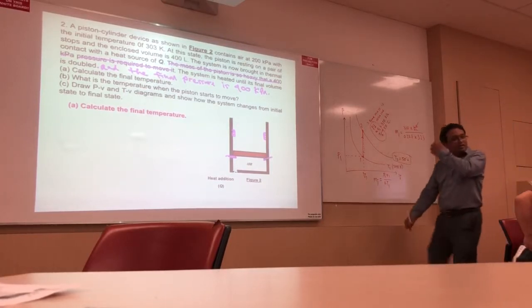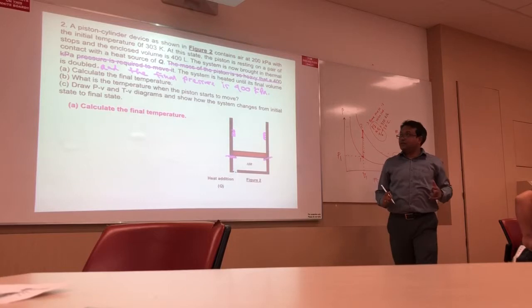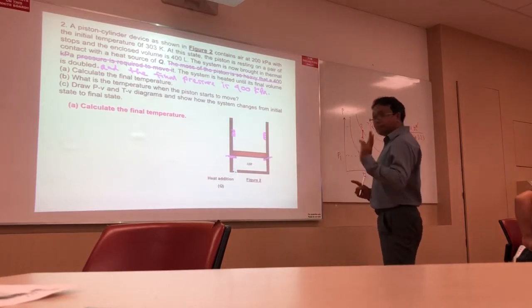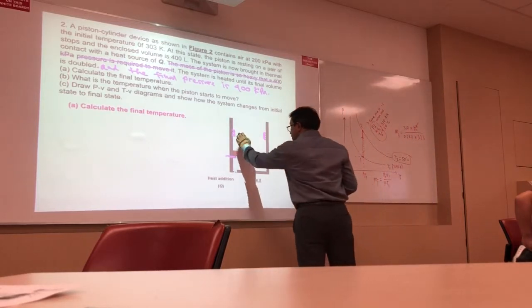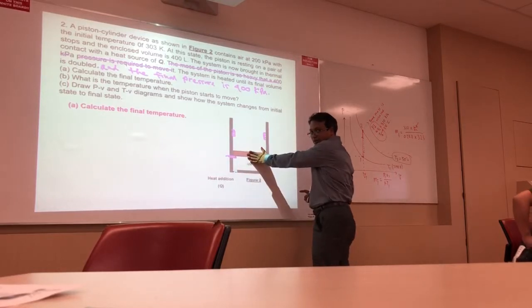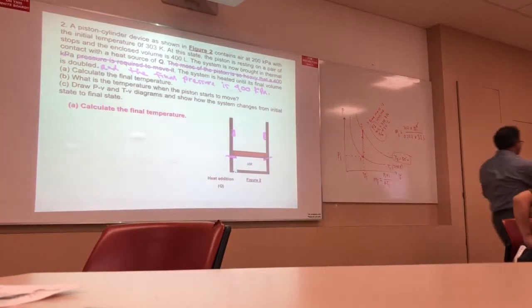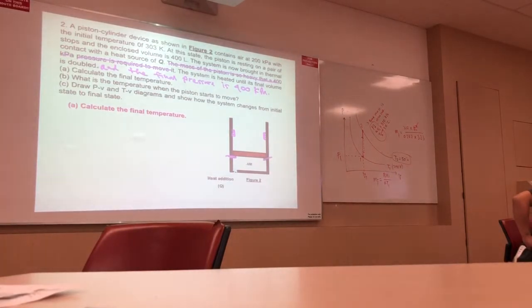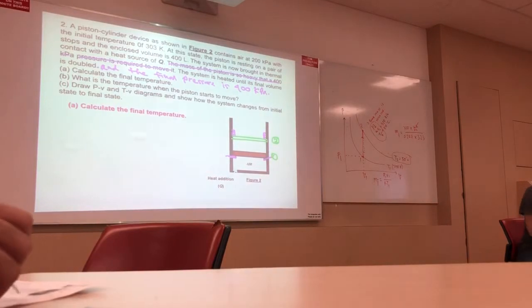Okay. So now they tell you calculate the final temperature, calculate the intermediate temperature here. Okay. So initial is here, state 1. This indicates state 1. When the piston goes here, it becomes state 2. And what is the state 3? Yes, very good.